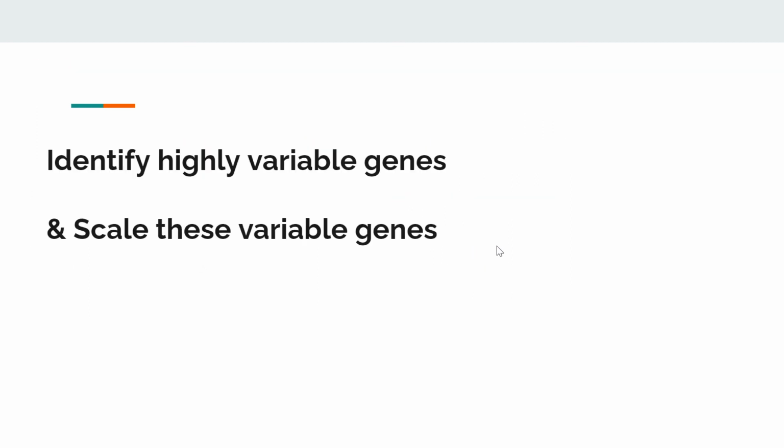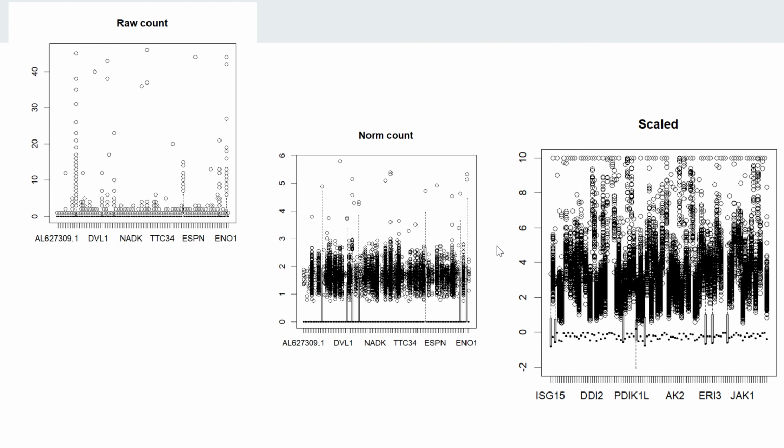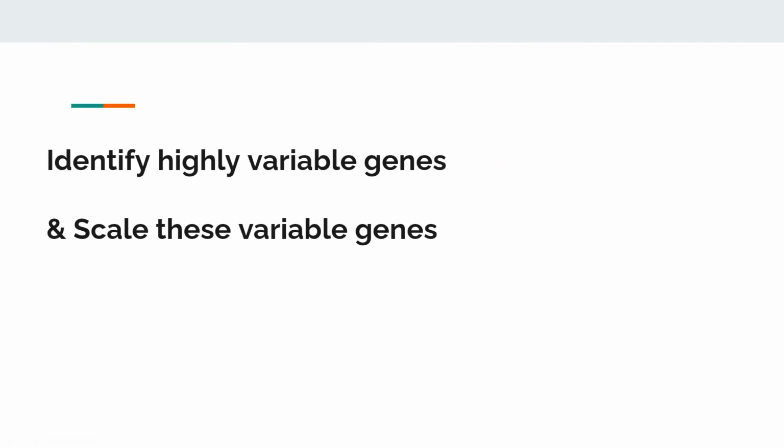Before that we identified the top 2000 highly variable genes, and on those we apply the scaling. So now we have finished: we first removed the noise from the data by QC, then we normalized cells vertically, then we scaled the genes horizontally. So now our data is noise free, scaled and normalized.